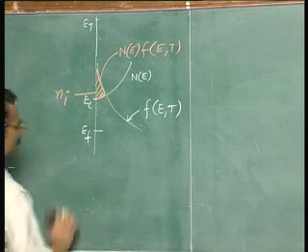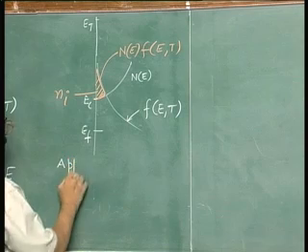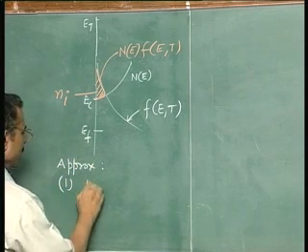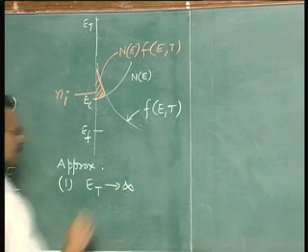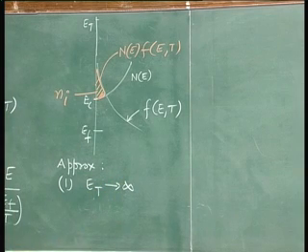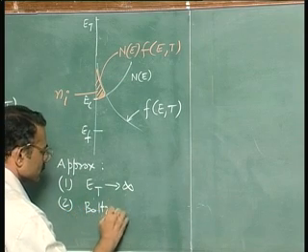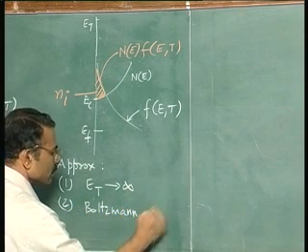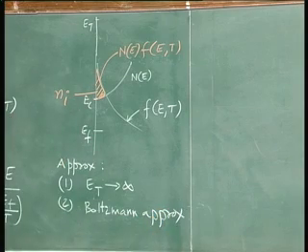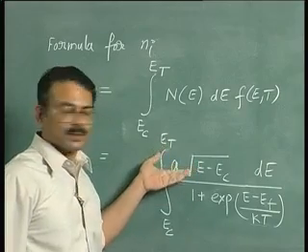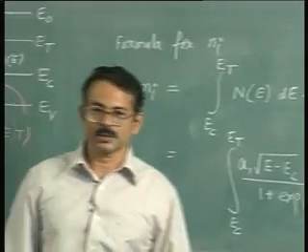So let us write the two approximations. One, ET tending to infinity. Second, Boltzmann approximation. And the third is this formula that we have written already. There is also an approximation that has been used, that is the parabolic density of states approximation, okay.